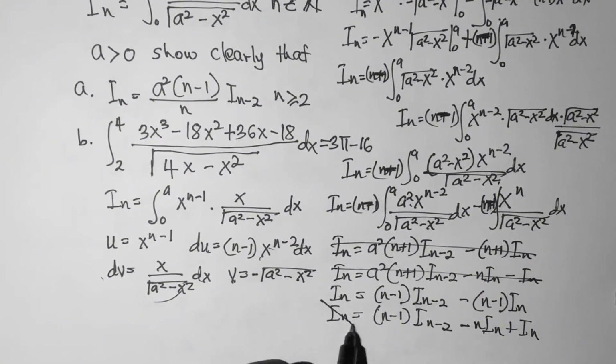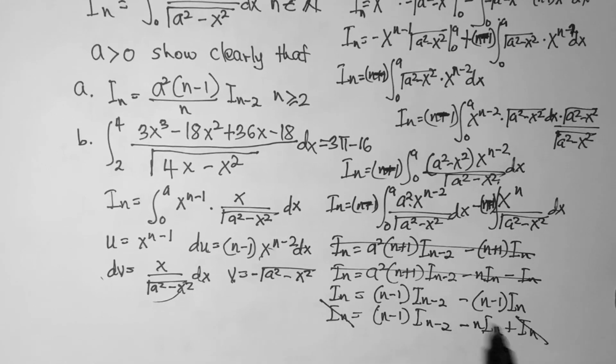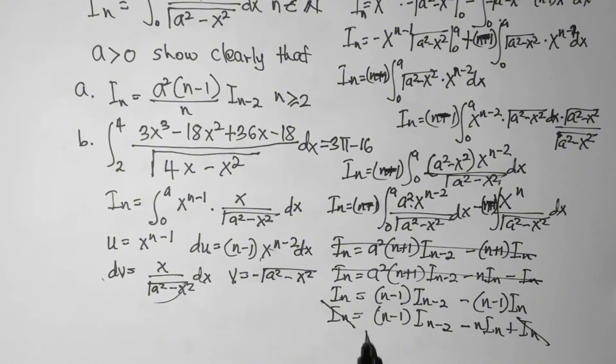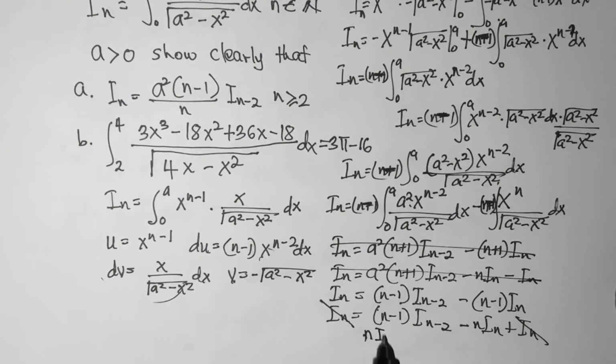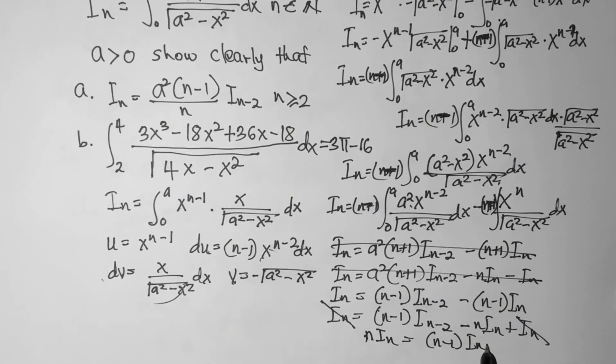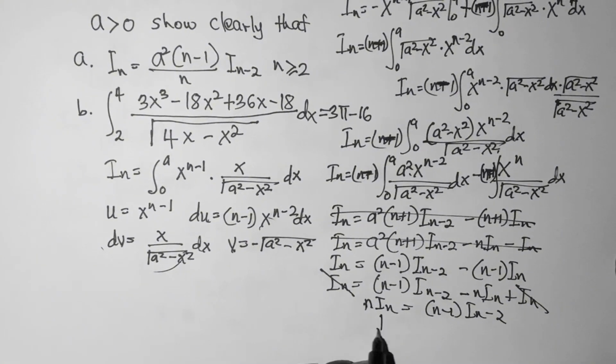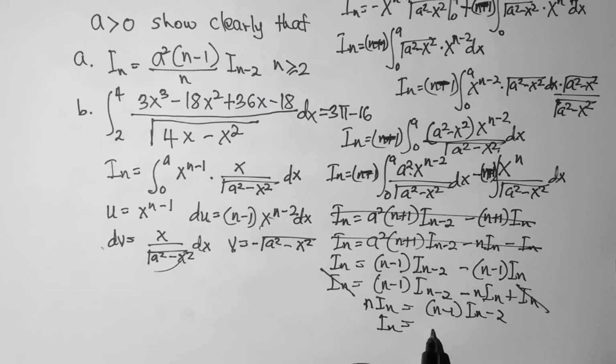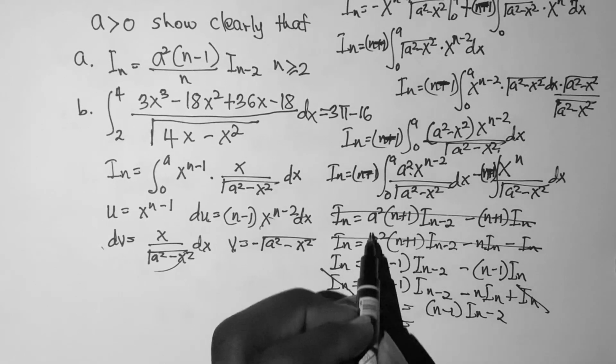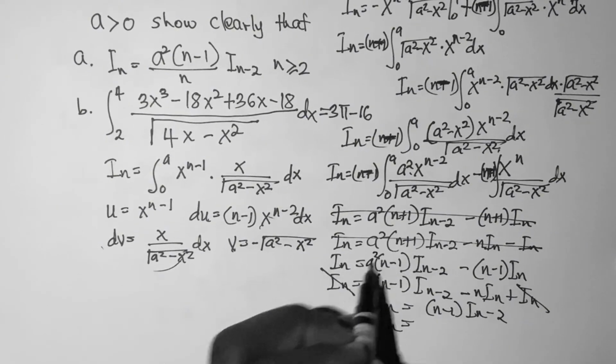So you see that here is I of n, so it can cancel. So we can bring n I of n to the other side. So we have n I of n is equal to (n minus 1) I of n minus 2. So I of n, if you divide through by n, becomes, but sorry, there is an a squared here. So here is an a squared.